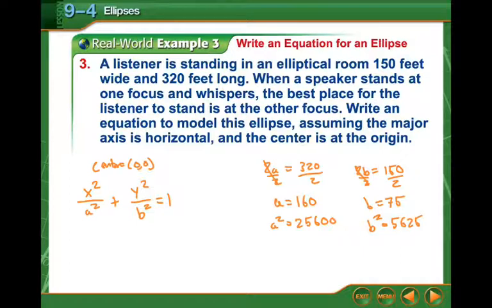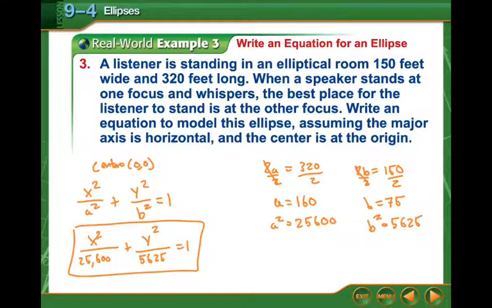So now we have our two numbers that go into our equation, and that's all we have to do. So x squared over 25,600 plus y squared over 5,625 equal to 1. Pretty easy for all those words.